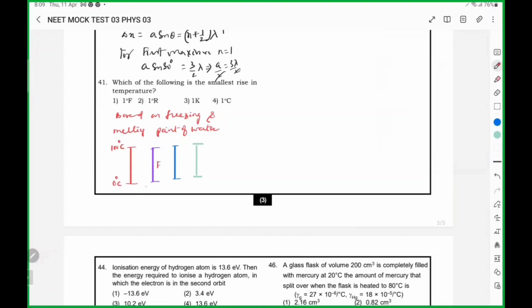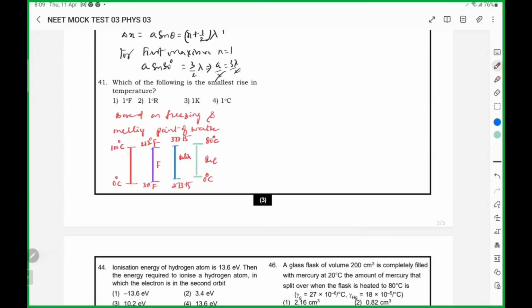This is the Fahrenheit scale, freezing point of water 32, melting point of water 212, and then the Kelvin scale 273.15 freezing, melting is this, and the Reaumur scale, 0 degrees is the freezing point of water, 80 degrees is the melting point of water.